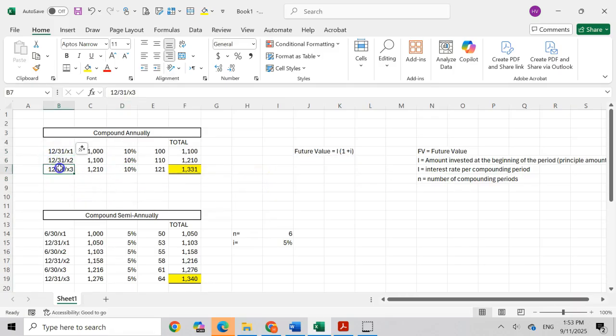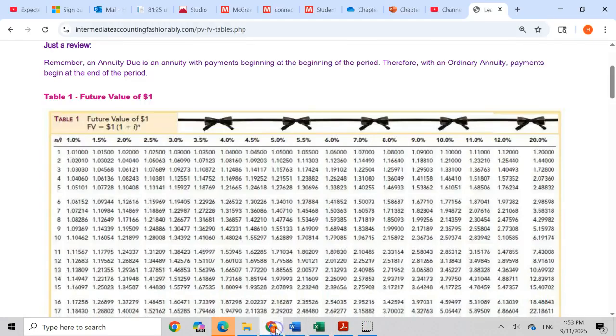I'm compounding once a year for 3 years. So my little i is 10%, and my n equals 3. So let's go back to my table, my future value of $1, and I said n equals 3. N is listed down here in all these rows, and I look across the column for 10%.